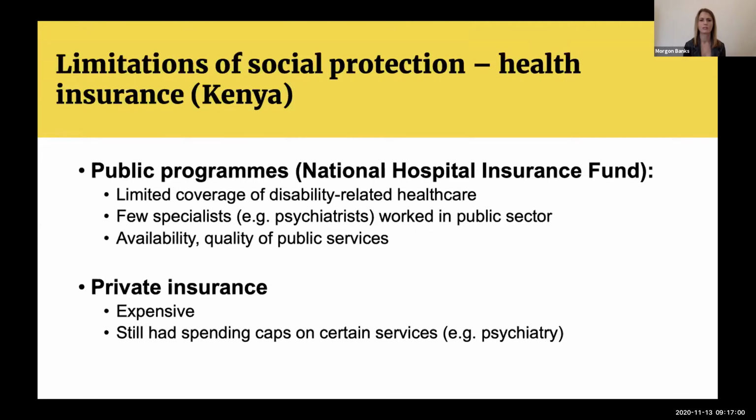So for example, for psychiatrists, most people would have to go into the private sector. And this led some people to purchase private health insurance, which was quite a bit more expensive and also was insufficient. There were still caps on spending for certain services. This was particularly noted for psychiatry services, with the cap not being adequate to meet the full range of healthcare needs.